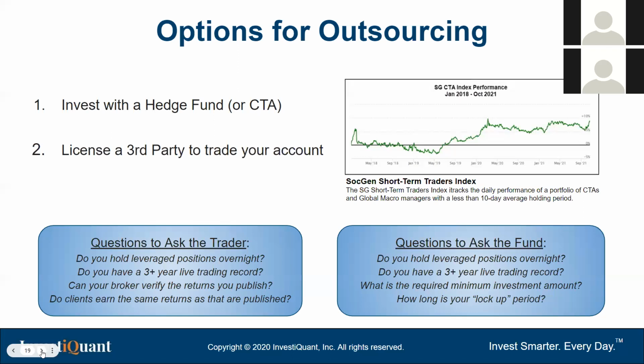So the way we suggest doing it is have their broker verify that the returns that they show are the returns that they actually have in their account, and it's not just some funny business with Adobe or something like that to put up a fake track record. So ask their broker for that information. And then lastly, do the clients get the exact same returns that are being published? Just to make sure that you're going to be seeing exactly what it is that they're showing.